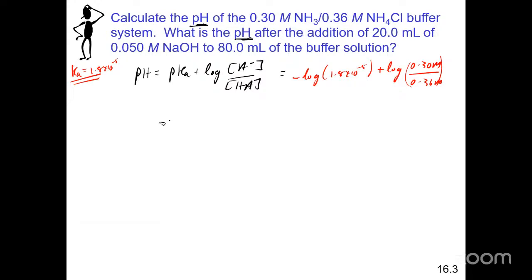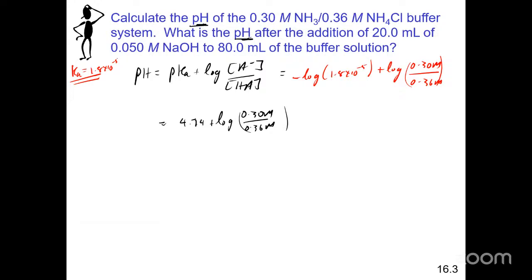Oh, you know what? Let me do this first. Let me find the minus log of 1.8 times 10 to the minus 5. Okay, so that part is equal to 4.74. And then I'm going to add to that log of 0.30 M divided by 0.36 M. So 0.3 divided by 0.36, find the log of that, and then add that to 4.74.